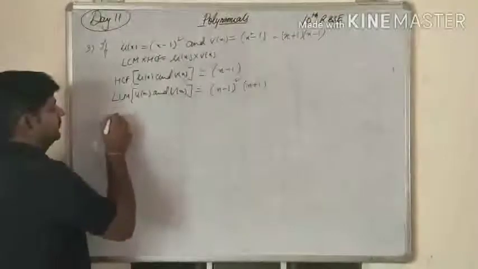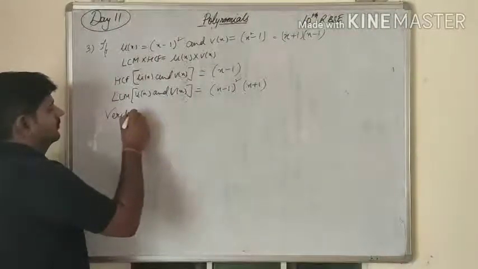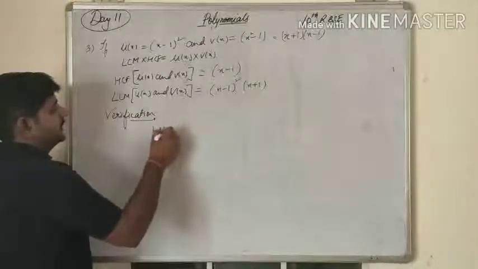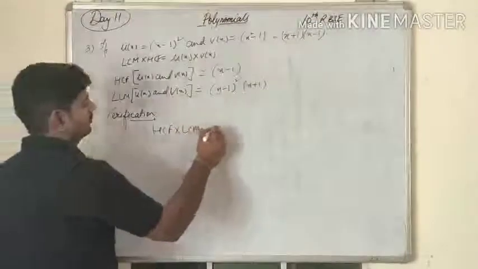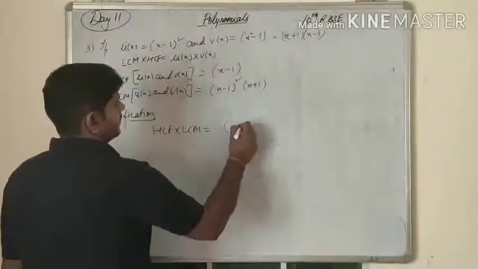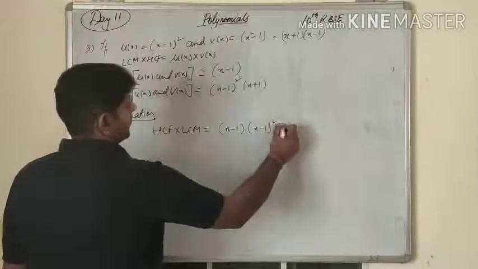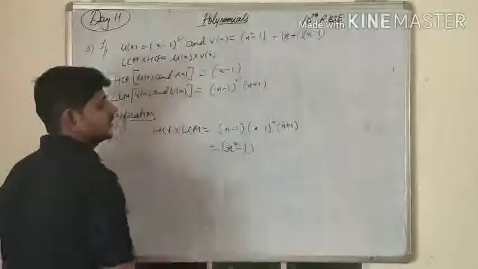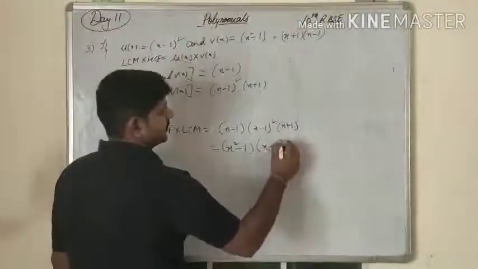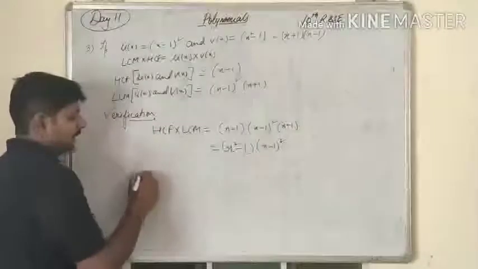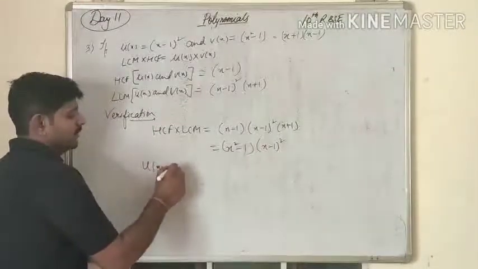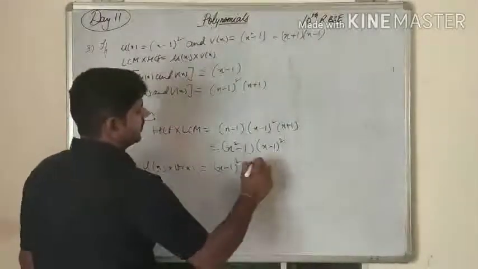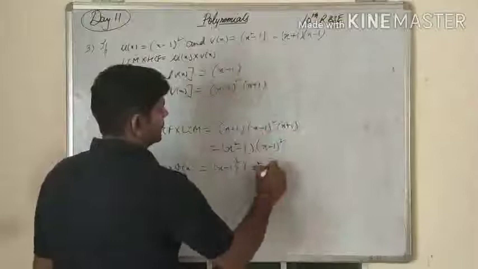Let's verify. HCF into LCM. So x minus 1 square, x plus 1, and it will be x square minus 1 because of identity a plus b, a minus b, and this is x minus 1 whole square, and ux into vx is x minus 1 whole square, and vx is x square minus 1.